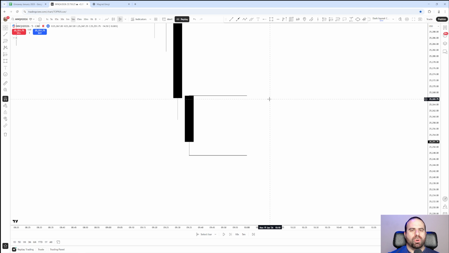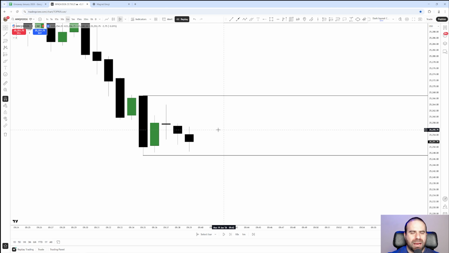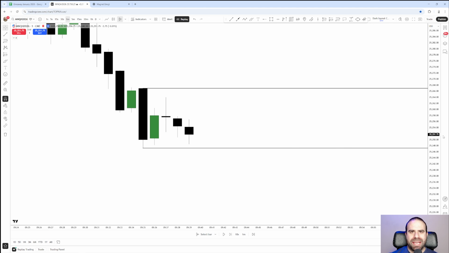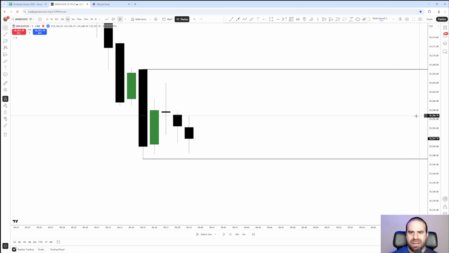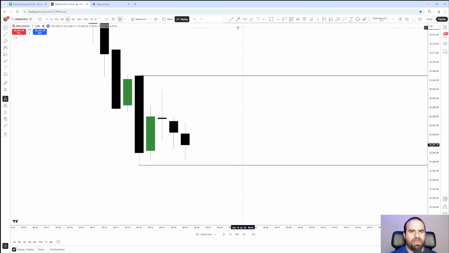Now, you will be waiting because you have a bullish bias. You only want to scale down to the 1-minute time frame after you have identified the highest and lowest point of this 9:35 candlestick. You scale down to the 1-minute time frame, and because you have a bullish bias, you want to see the opposite break.